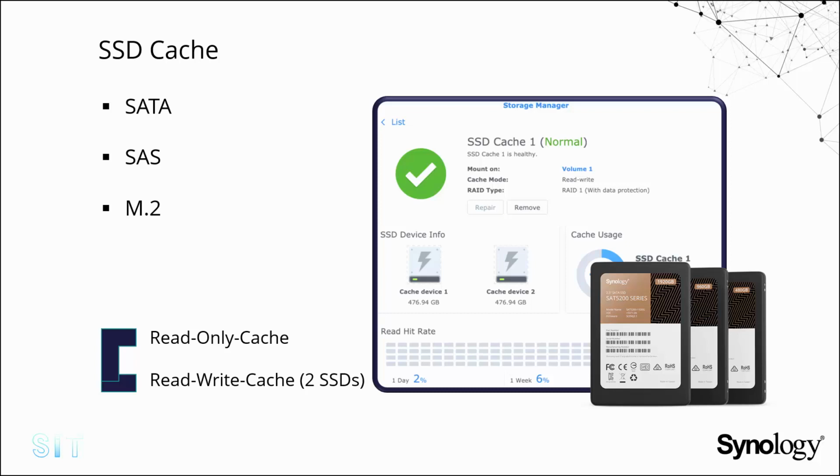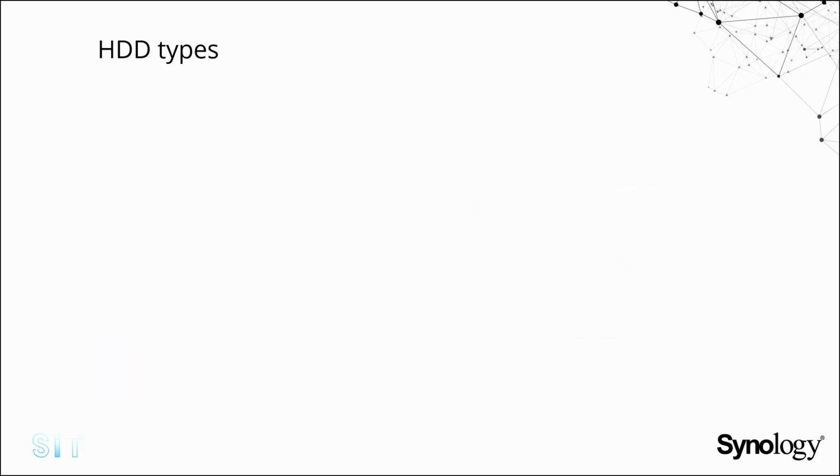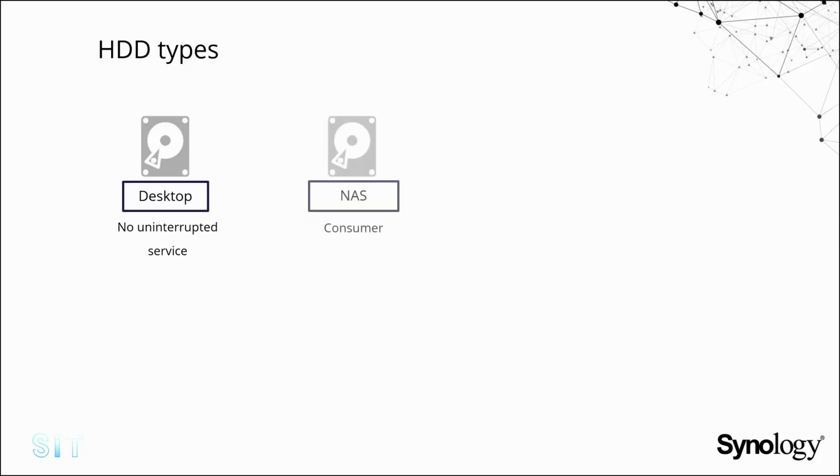We now come back to the HDD hard drives because especially SATA HDDs are again divided into different categories, which we will go through now. Desktop hard disks are, as the name suggests, designed for classic computer operation, for example, running 5 times a week for 8 hours.